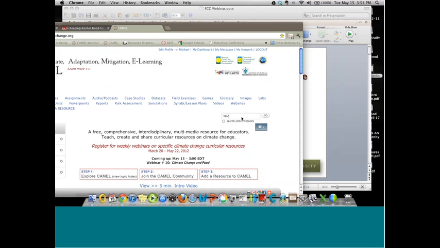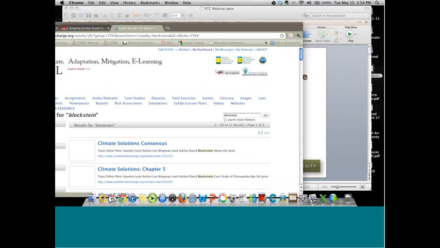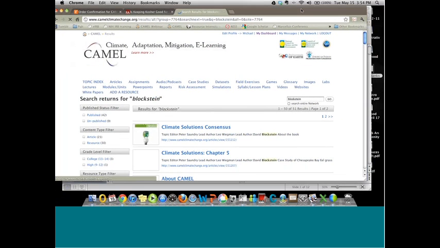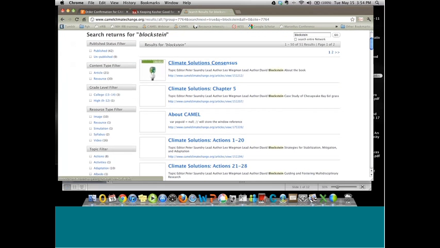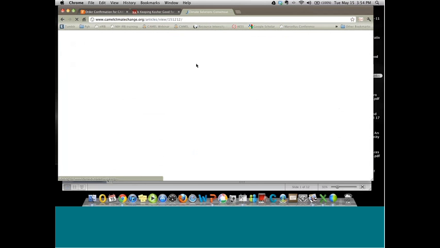Block, C-K-S-T-E-I-N. There you go, Climate Solutions Consensus, right there. Looks like that's one of the chapters, but the top one is probably the better one to start with.